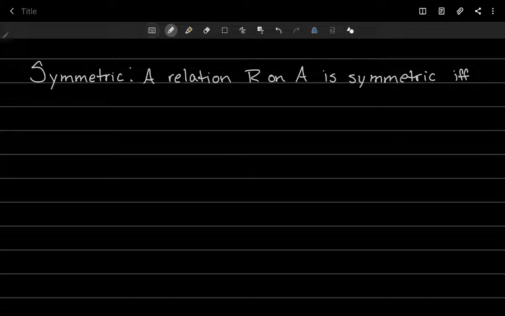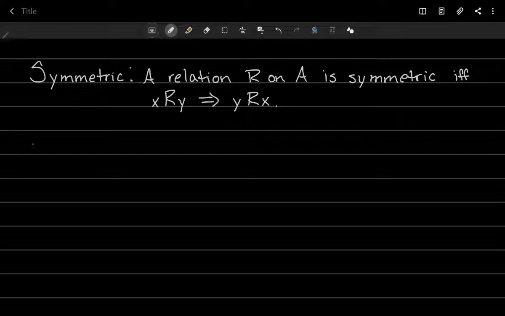It's actually an implication. So we have x R y implies y R x. So basically, symmetric means you can switch the order and it's still a true statement. The best way to look at this is with our examples.